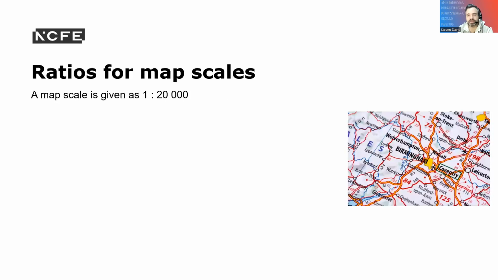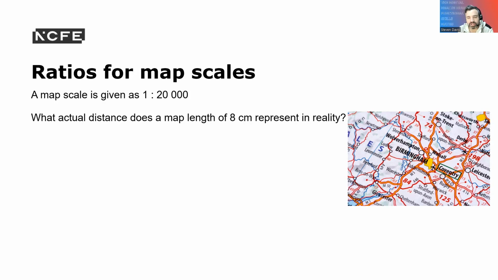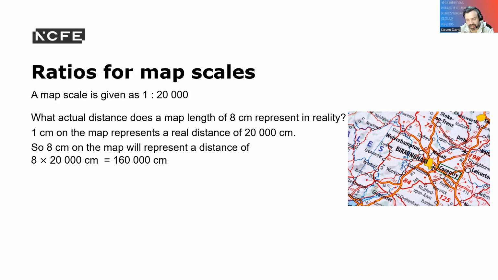So ratio for map scales. A map scale is given as 1 to 20,000. What actual distance does a map length of 8 centimeters represent in reality? So we need to know that 1 centimeter on the map represents a real distance of 20,000 centimeters.